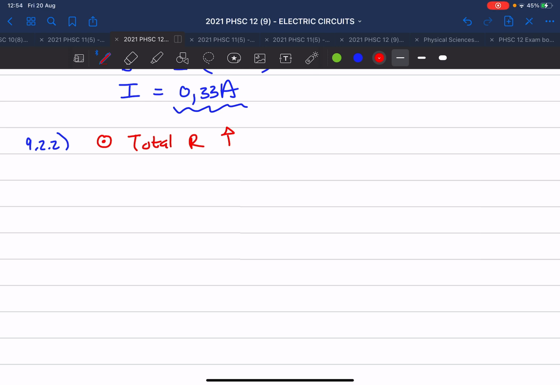What effect would it have? Well, we know that current is inversely proportional to resistance. So if the total resistance increases, then the total current decreases. So the ammeter reading will decrease.